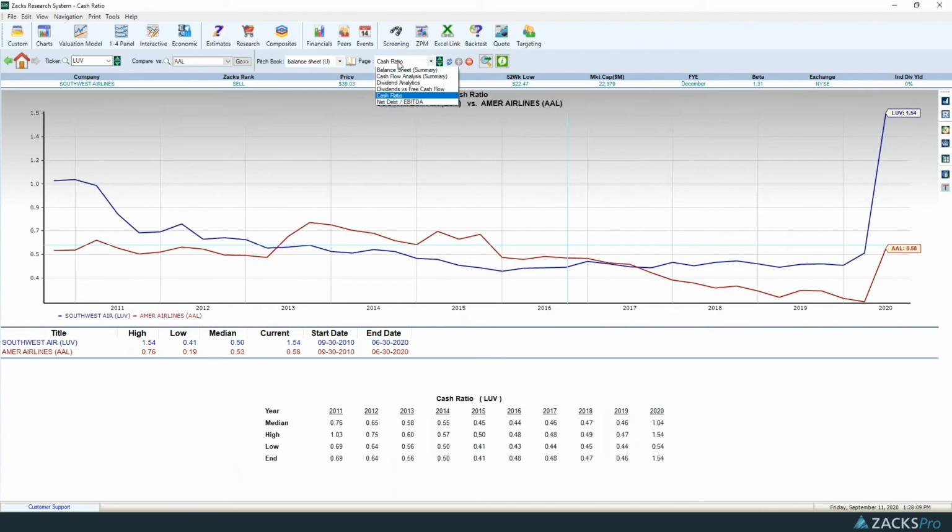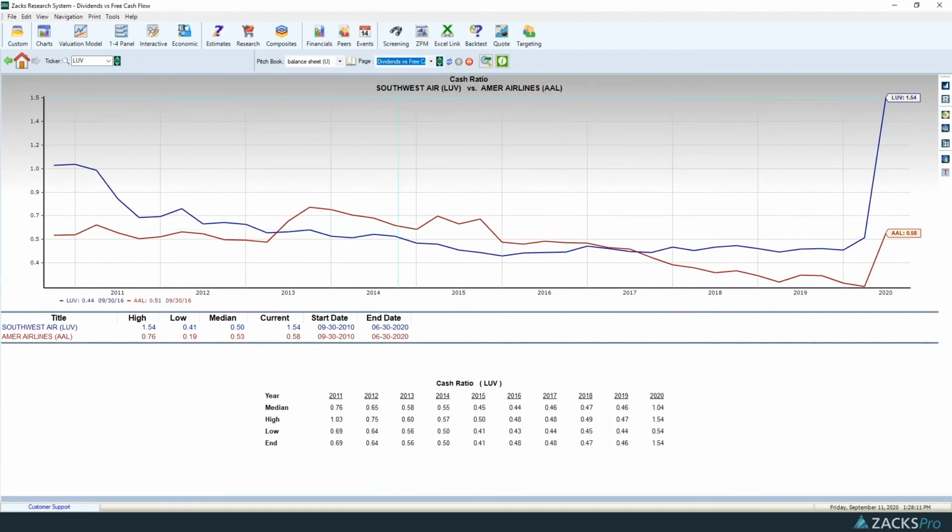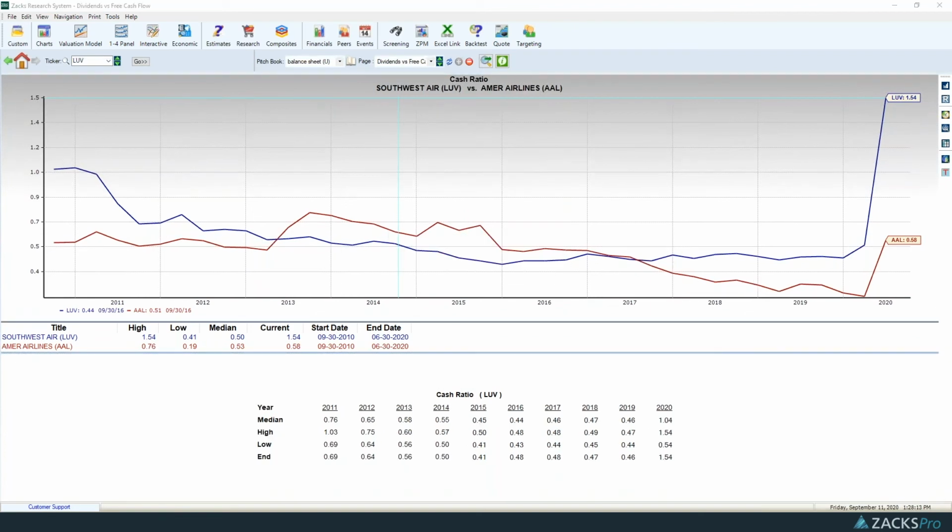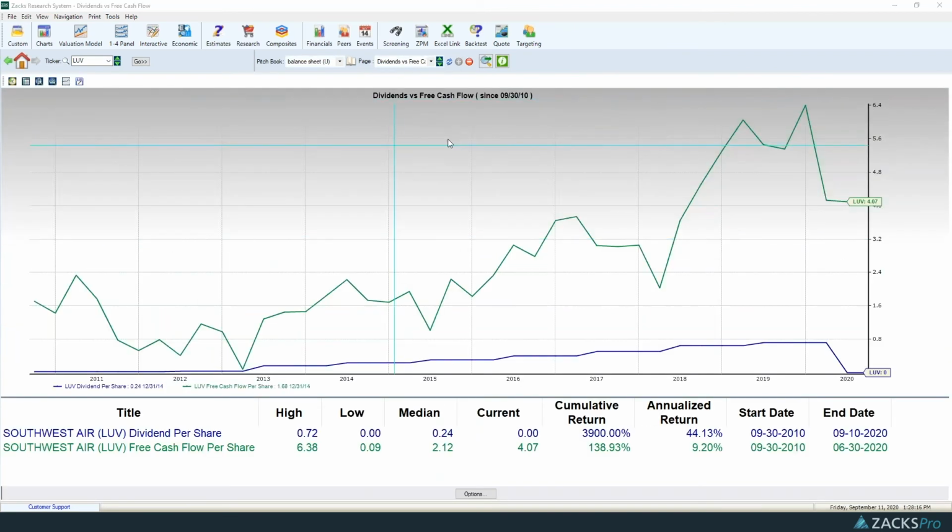The other item too to look at is that dividend versus free cash flow number. And you can see here for Southwest, dividends have steadily grown over the past 10 years, which is really good to see. However, Exxon also had that steady dividend growth, but the difference is that Exxon's free cash flow was lower than their dividend payment.